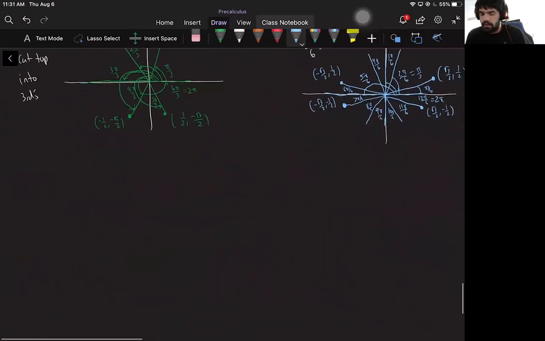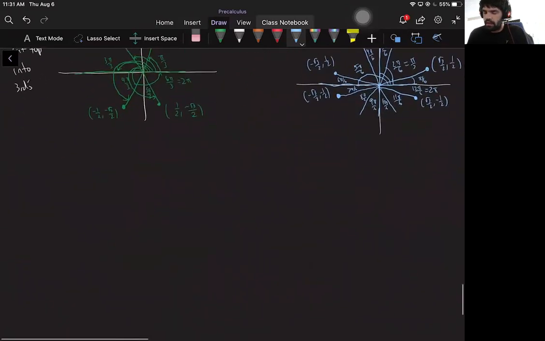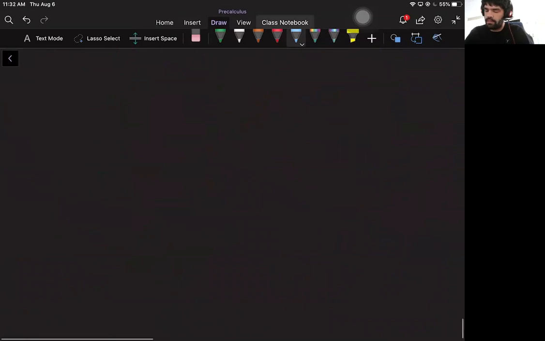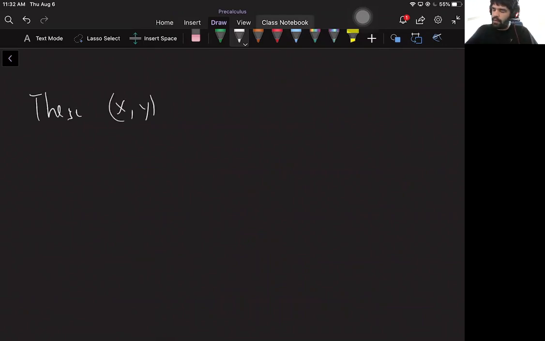All right. But what we do now is we introduce a new notation to help us compile this information. So these x and y coordinates, these points, are so important. We invent a new notation.